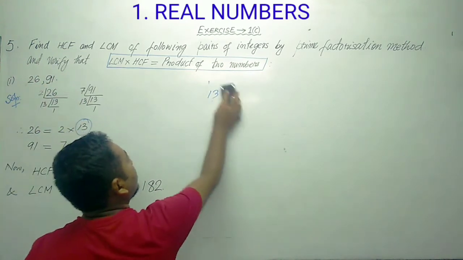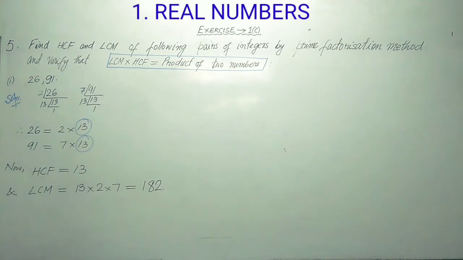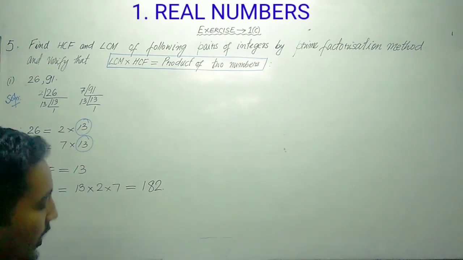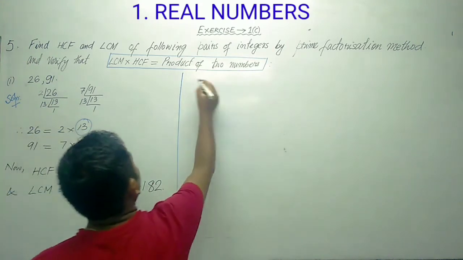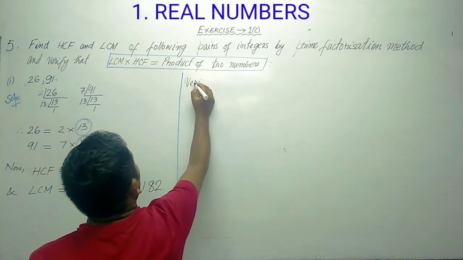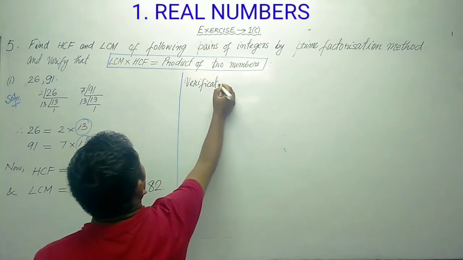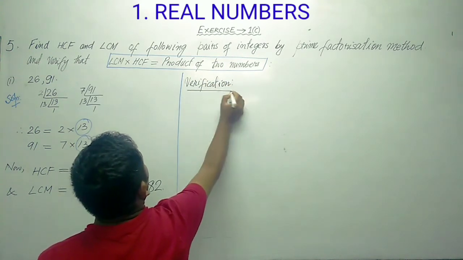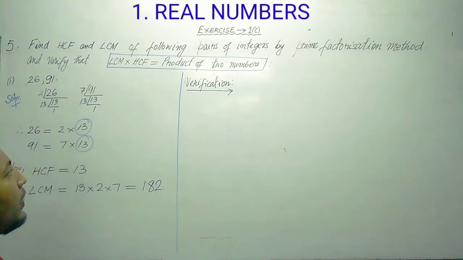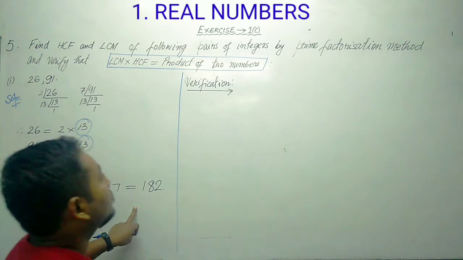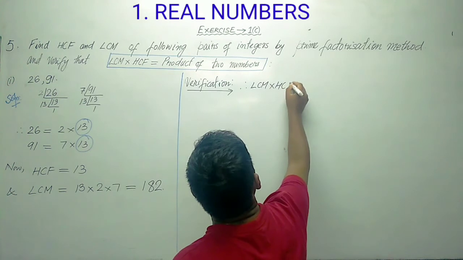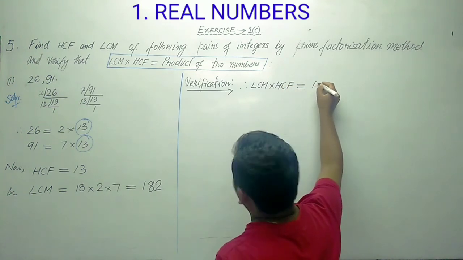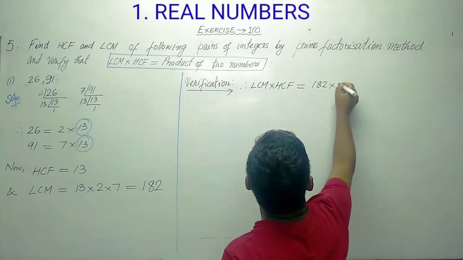Verify that LCM into HCF is equal to the product of the two numbers. Now, let us do the verification. You have the HCF and you have the LCM. So let us find out LCM into HCF: 182 into 13.